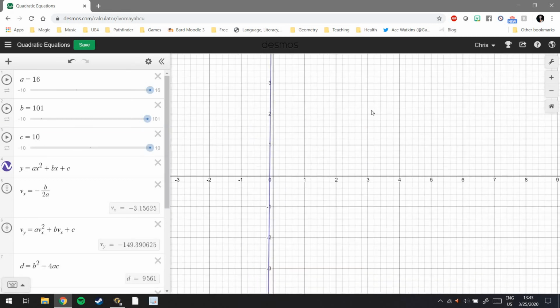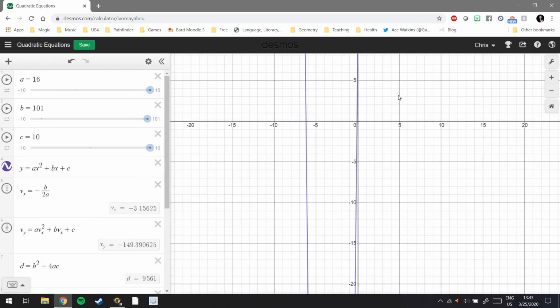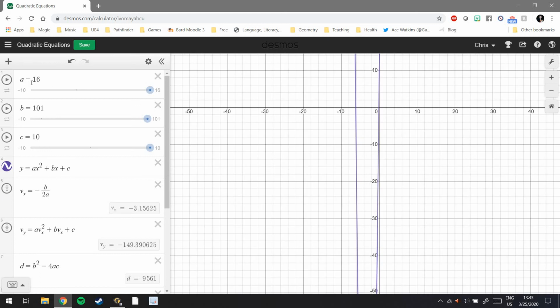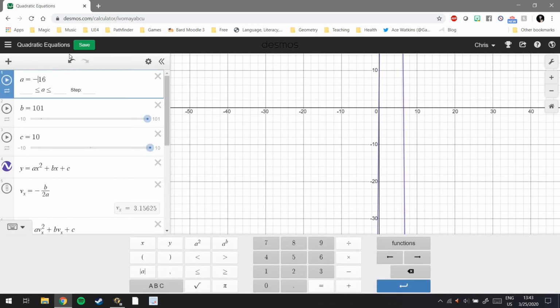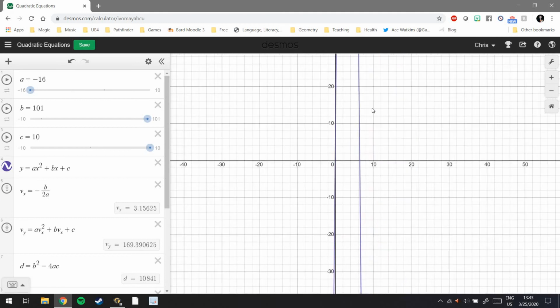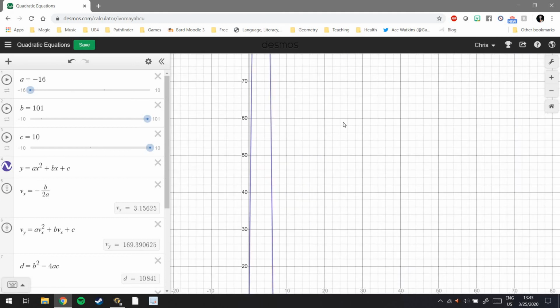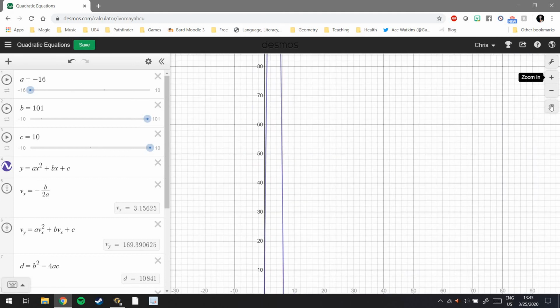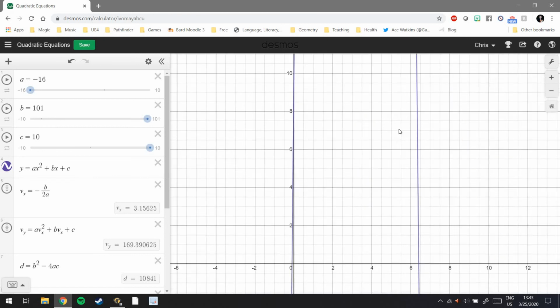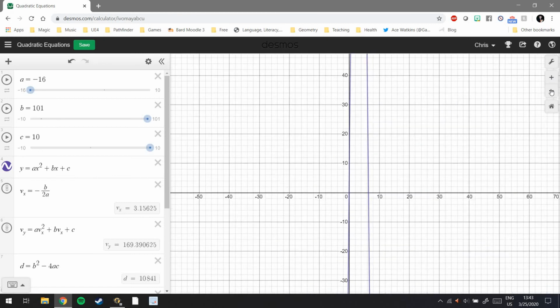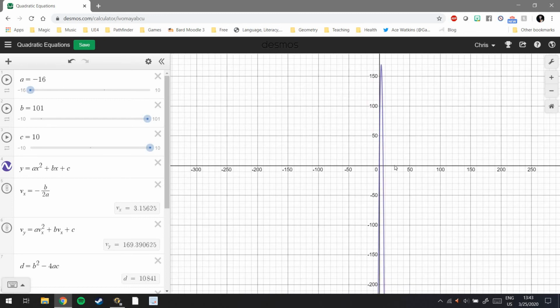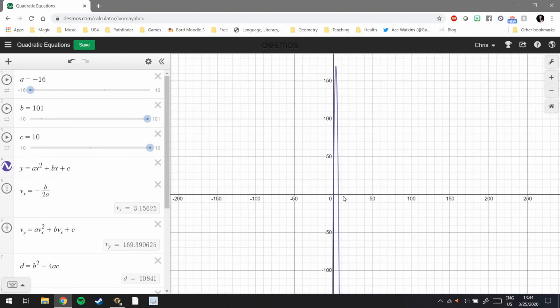It's hard to see right now. If I zoom out, I didn't make this a -16. There we go. That's better. I can change my zoom somehow. Here's what it roughly looks like.